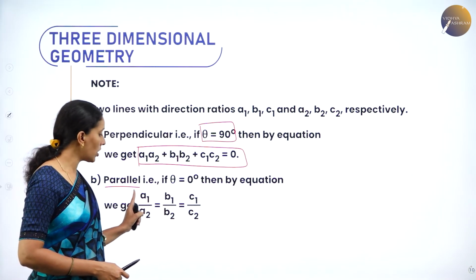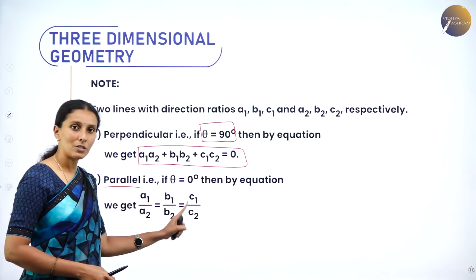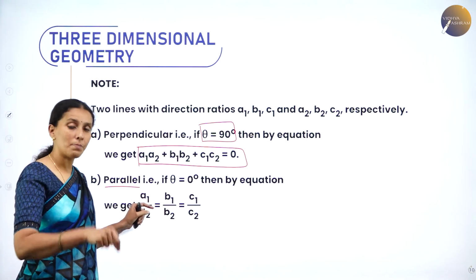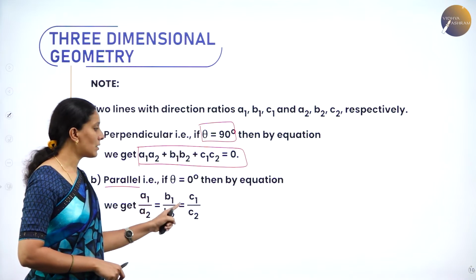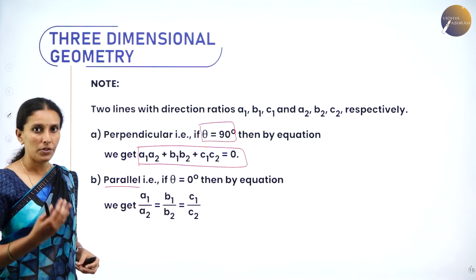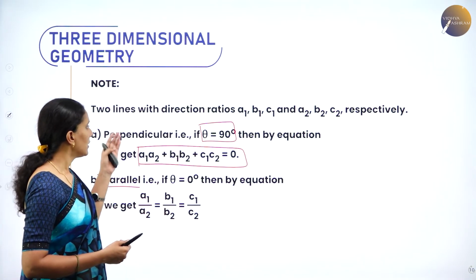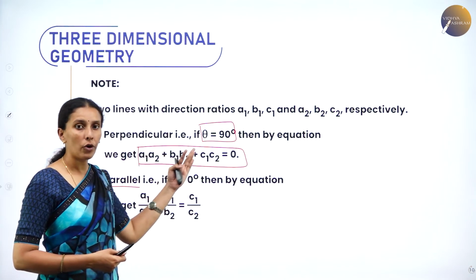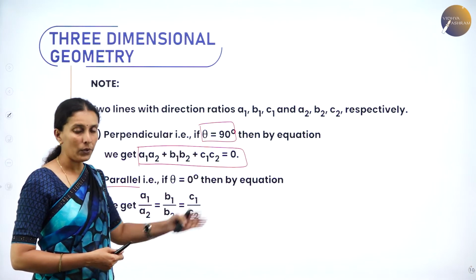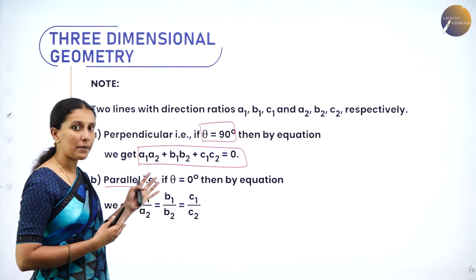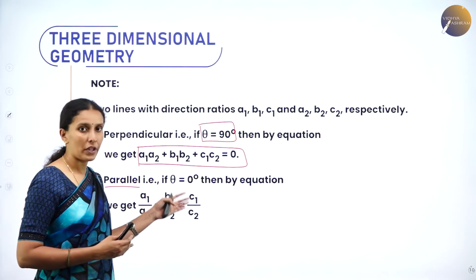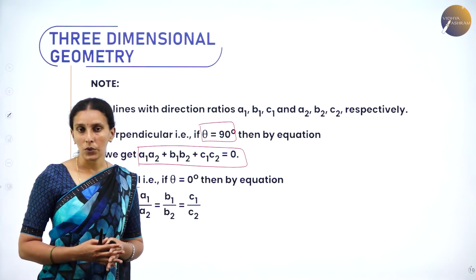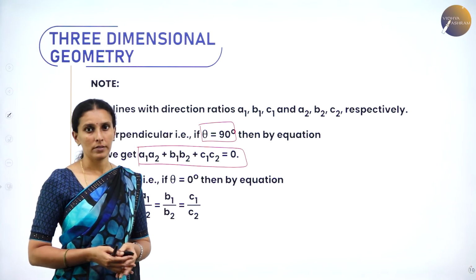That is, the direction ratios of the first vector with respect to the second must be proportional. So, to show that the two lines are perpendicular, show that the dot product of their components is 0, and to show that the lines are parallel, take the ratio of their components and show that they are equal or in proportion.